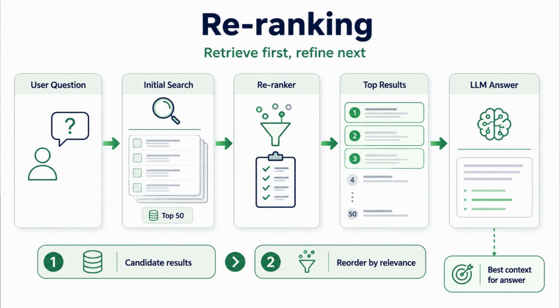So let's take a cloud example. A user asks, why did my web application fail after the latest deployment? The first search may retrieve deployment notes, error logs, and old troubleshooting articles. Some may be useful, some may be less relevant. So a re-ranker can push the most relevant deployment note or error log to the top so that the large language model gets the best evidence first.